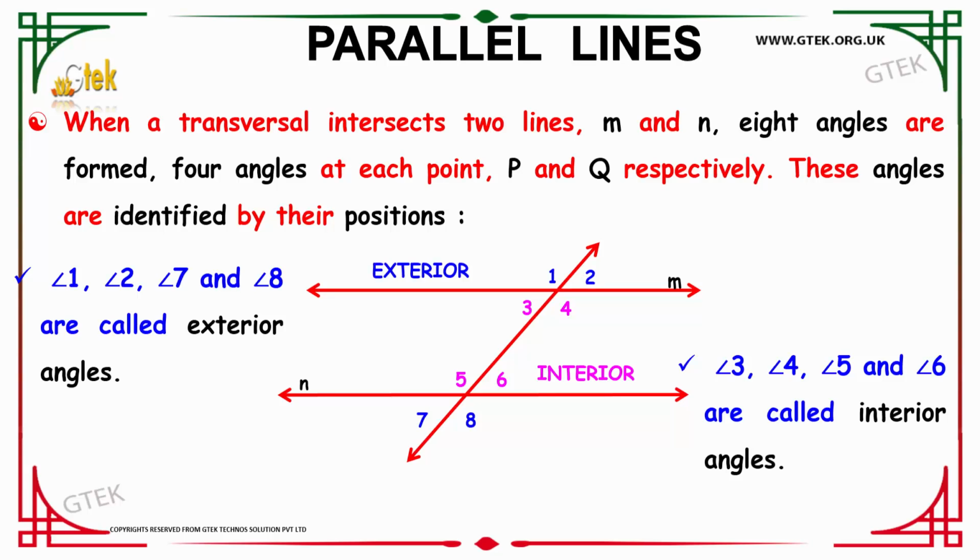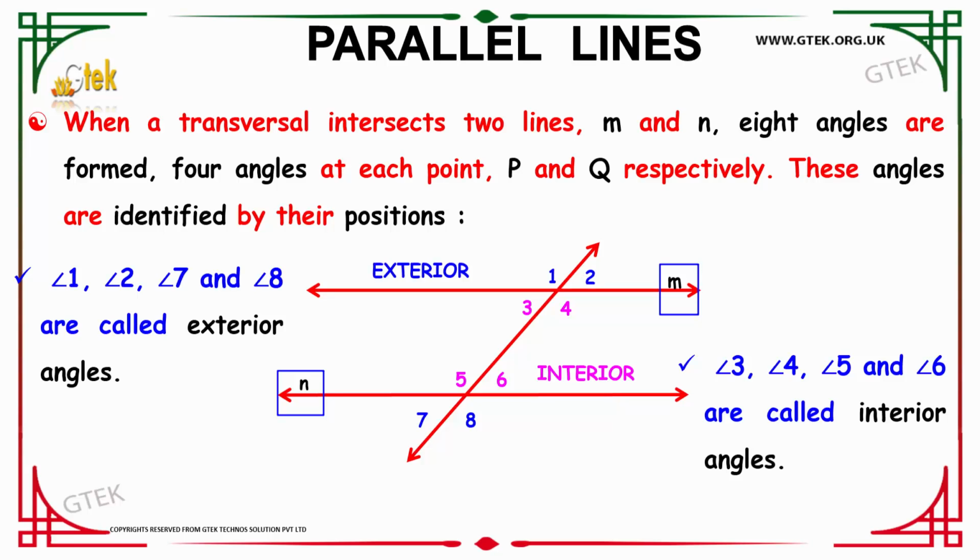When a transversal intersects two lines, which we can mention as line M and line N over here, 8 angles are formed, 4 angles at each point, P and Q respectively. These angles are identified by their positions. If you see, we have numbering over here: 1, 2, 3, 4, 5, 6, 7, 8.